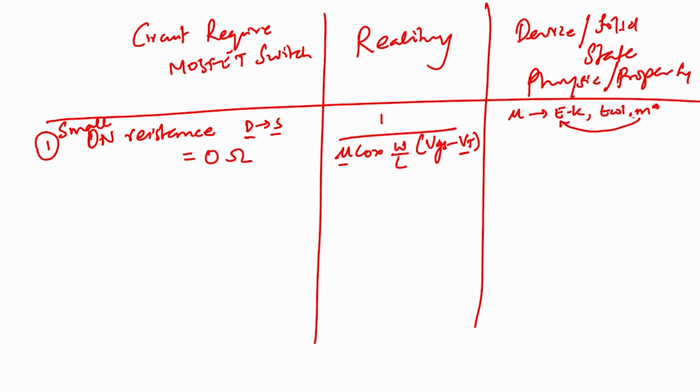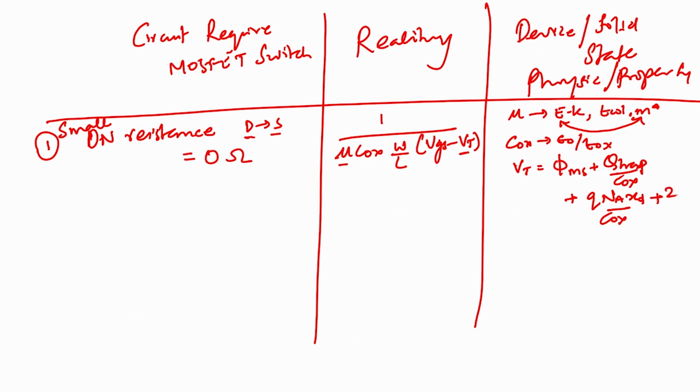So that is the connection to the E-k diagram, and Cox is basically your epsilon ox by Tox, and Vt is basically your flat band voltage, which is phi ms plus the trapped charge in the insulator plus the depletion charge, Q equals Na xd by Cox, plus 2 phi f, which depends on Na, and xd also depends on 2 phi f, on the surface potential, which is again connected to 2 phi f during turn on. So that was the connection there.